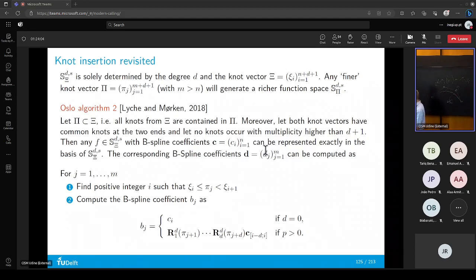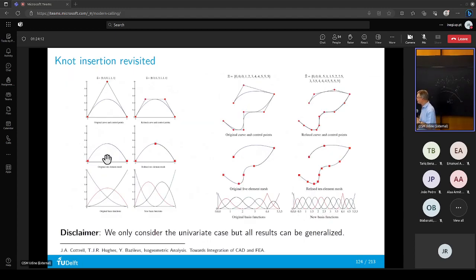Also, let's skip all the details. What it basically does is go through all the knots of the finer one. Let's go back. What do we have to do? Let's say we have this and we have to find the position of the control points relative to the new basis such that the shape doesn't change.